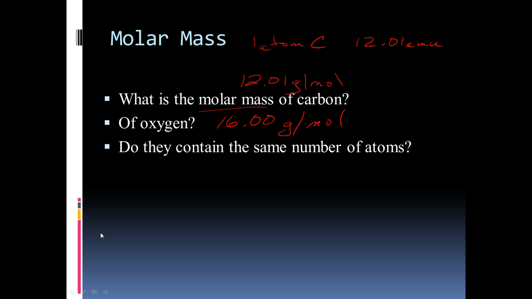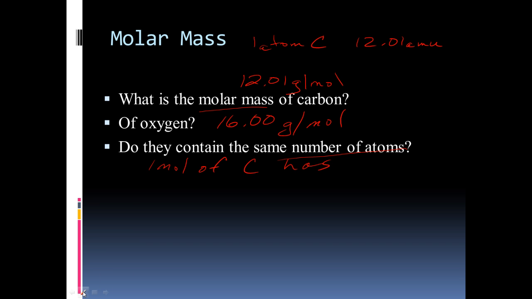So my next question to you is, does a mole of carbon and a mole of oxygen contain the same number of atoms? And hopefully you realize they do. 1 mole of carbon does have the same number of atoms as 1 mole of oxygen.